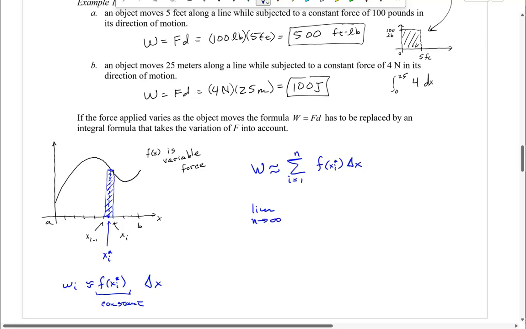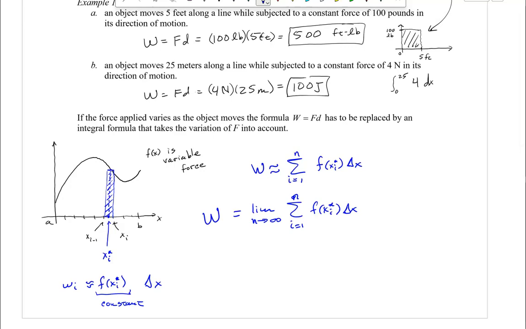Each one of these little rectangles is similar to what we did with area under a curve from Calc 1: the limit of the sum from i equals 1 to n of f of x sub i star delta x, and that's going to be the actual work done by the variable force in moving our object from point A to B.